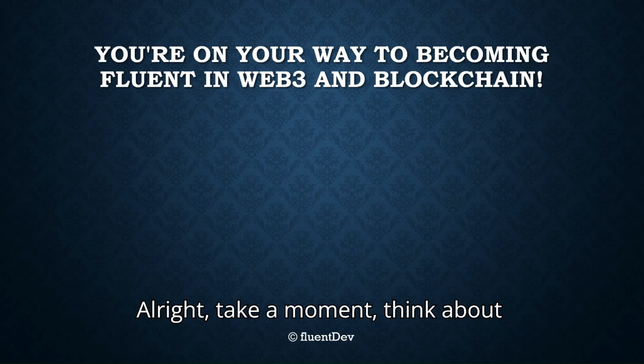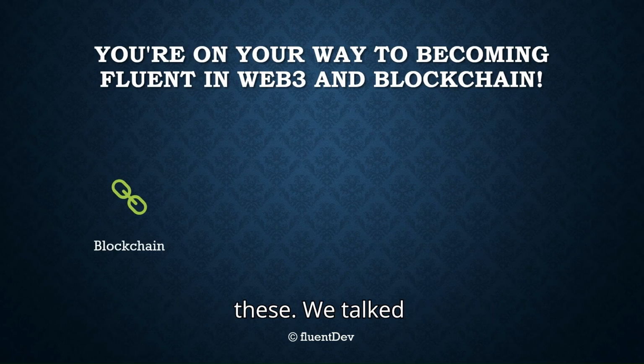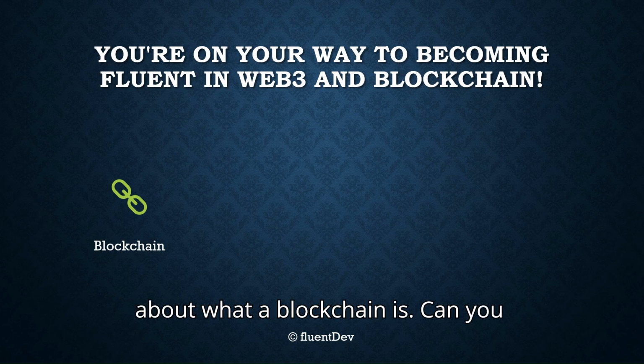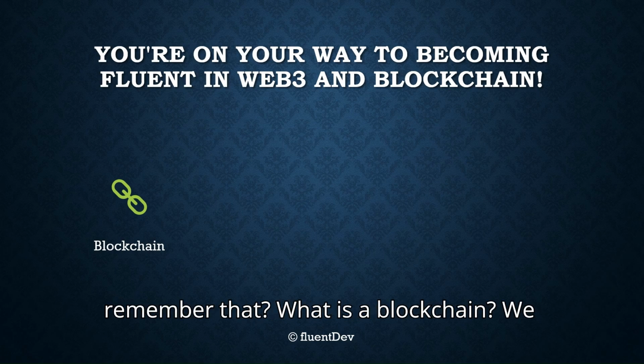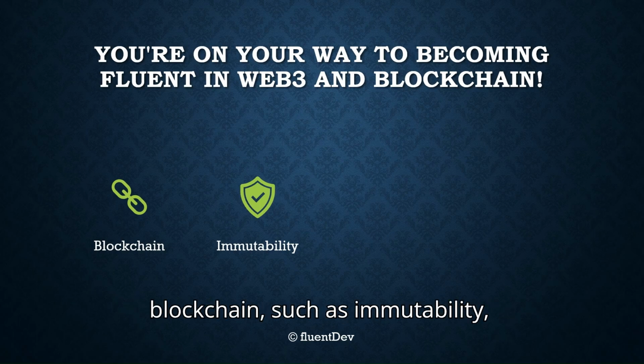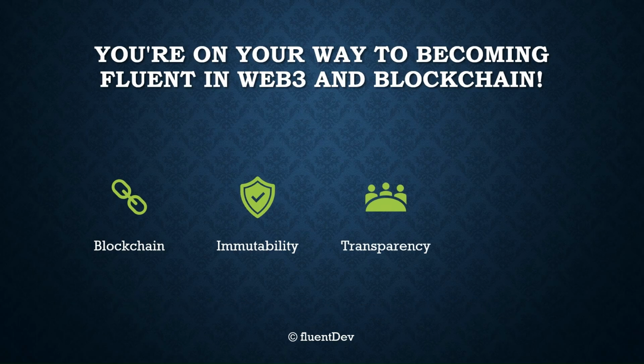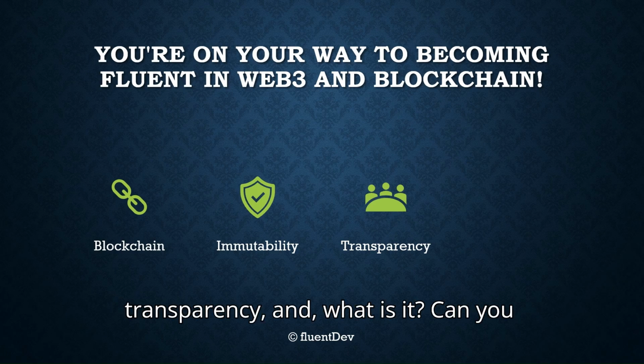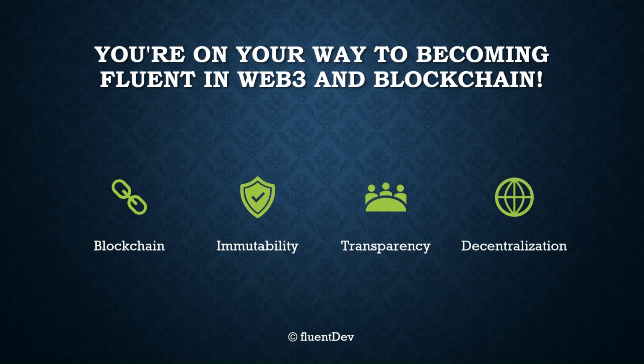All right? Take a moment. Think about these. We talked about what a blockchain is. Can you remember that? What is a blockchain? We talked about the key properties of the blockchain, such as immutability, transparency, and what is it? Can you remember? Decentralization.